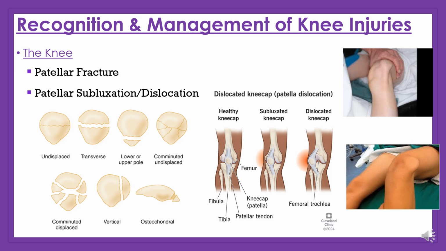Patella dislocations typically are going to occur laterally on the knee, and the athlete is usually found with that knee in a bent position, with that patella sitting out of position. If you are not trained to do so, do not reduce that patella. Okay, don't put the patella back in until somebody who is trained to do so can come and put it back.